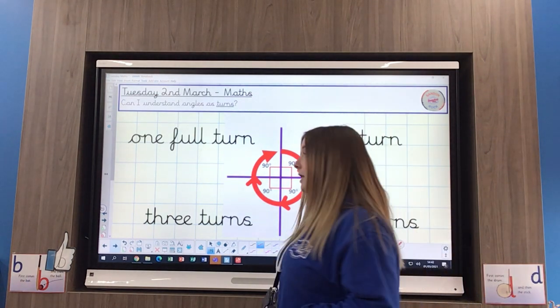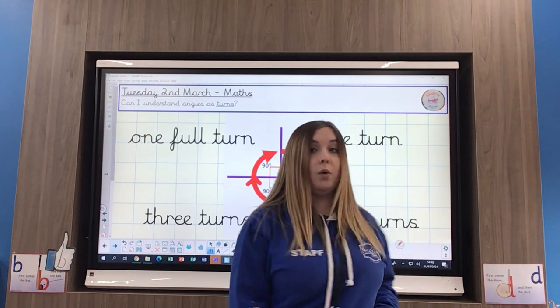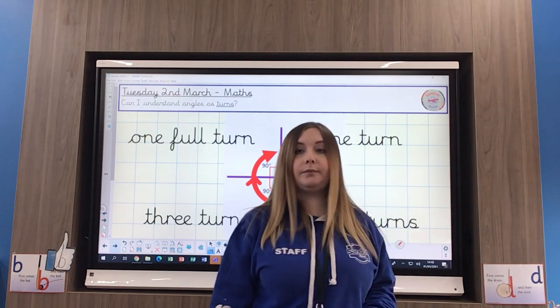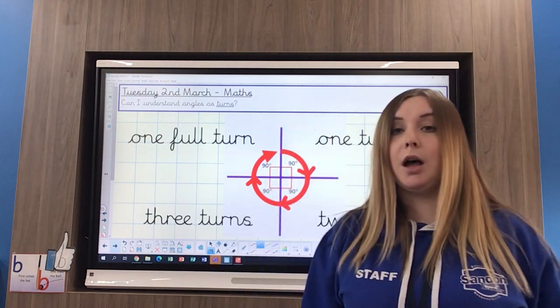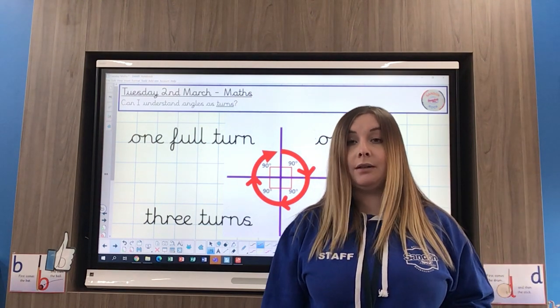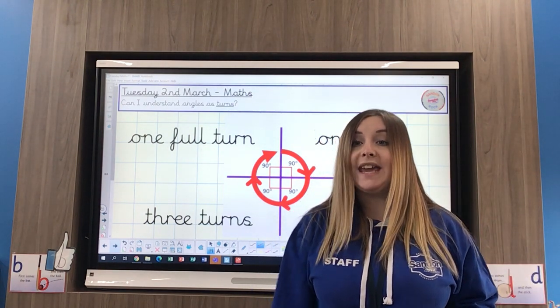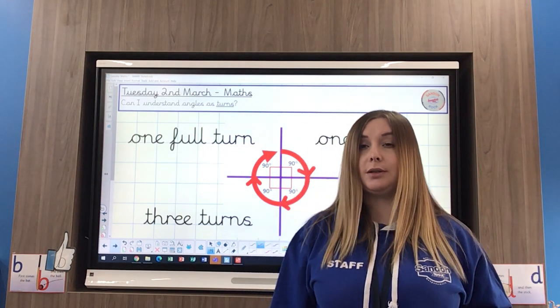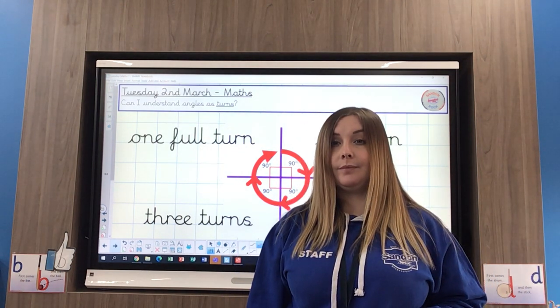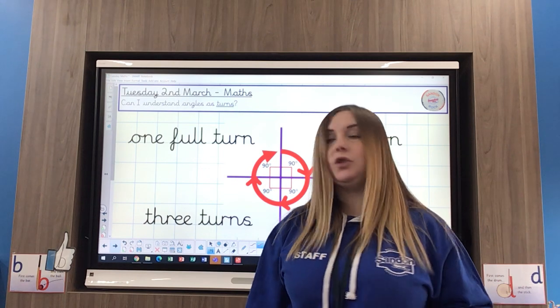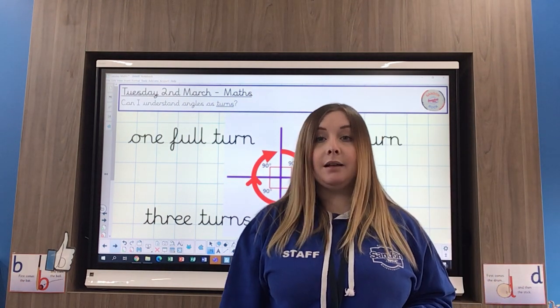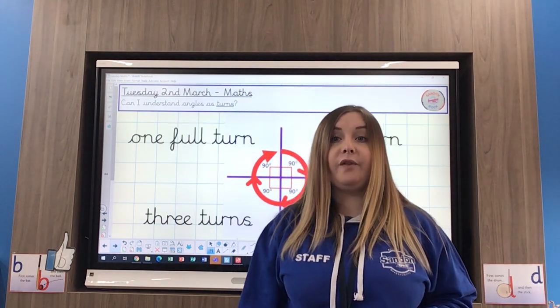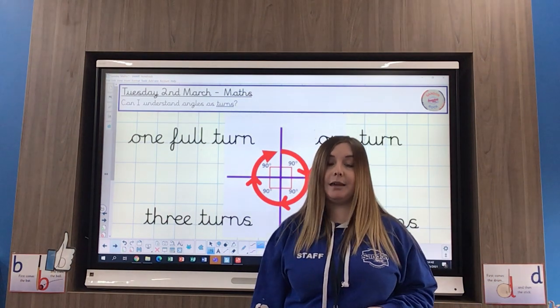So now we should be either this way or this way. Okay, next one. Facing me again. 3 turns. 3 right angle turns. Brilliant, well done. Facing me again. Let's go for 1 full turn this time.